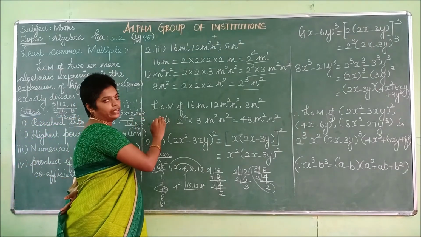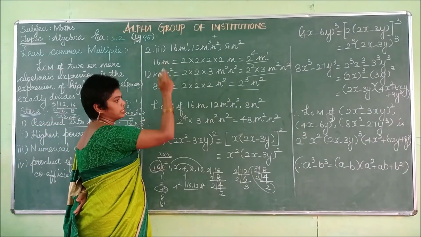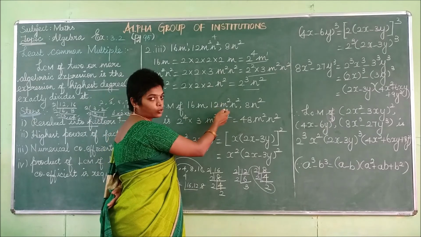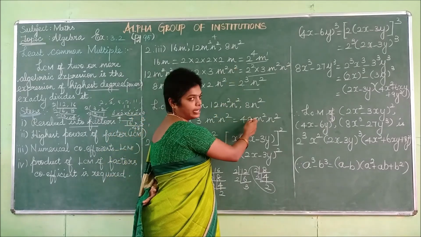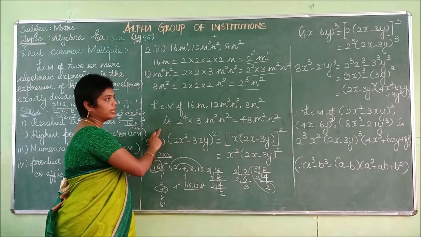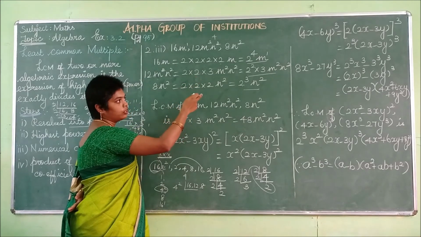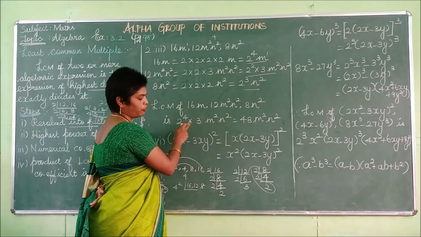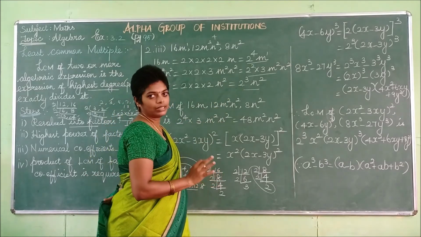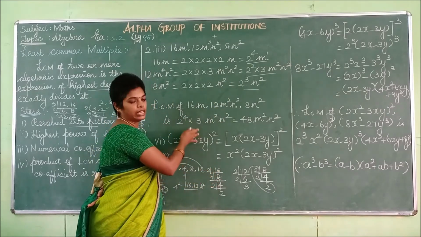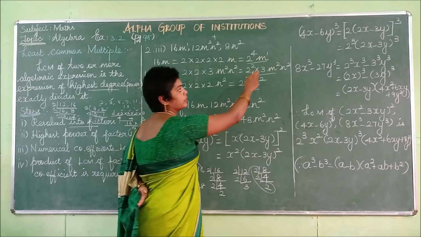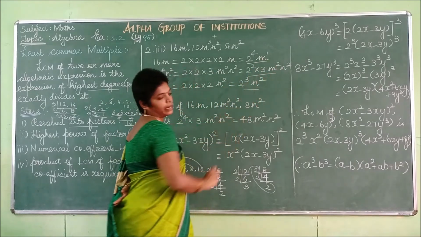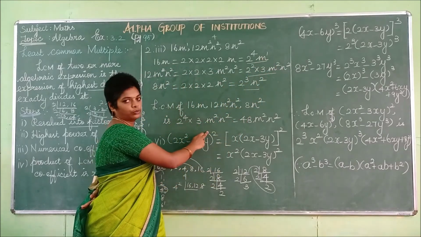So finally, the LCM of 16m, 12m squared, 8m squared: look at the highest power. This is the highest power, 2 power 4 into 3, since there are no other 3 terms. Then look at the m term. Here m power 1, here m power 2. Take m power 2.